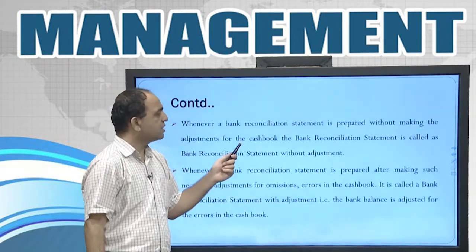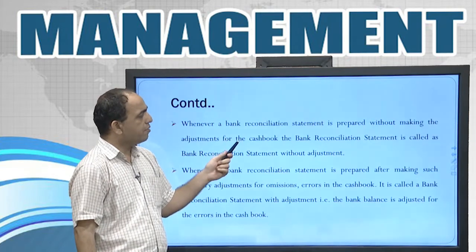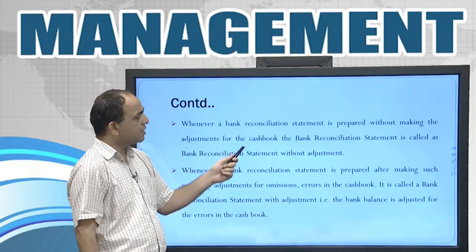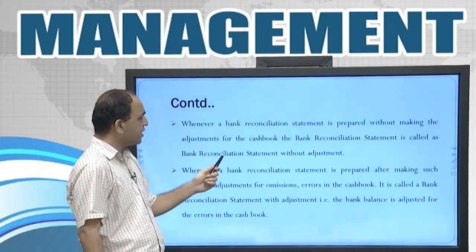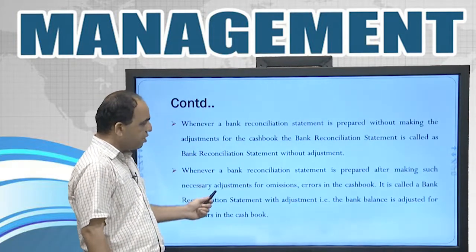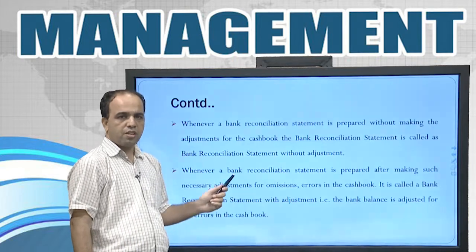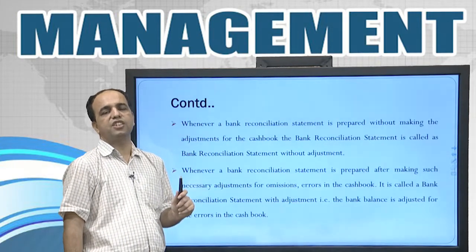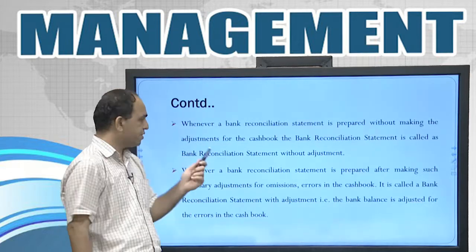Whenever bank reconciliation statement is prepared without making the adjustment for the cash book, it is called bank reconciliation statement without adjustment. And if it is made with some changes, means if errors are rectified and we prepare bank reconciliation statement, that is called with adjustment.